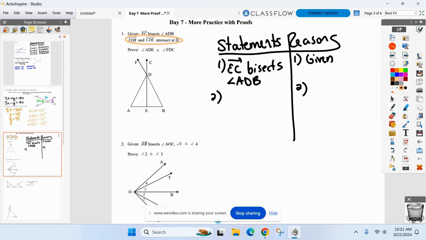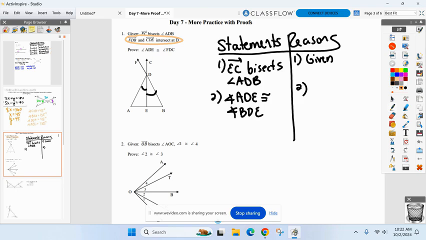Oh, wait, ADE. ADB is getting bisected, so it should be angle ADE and BDE. Everyone's got those two? So angle ADE is congruent to angle BDE.